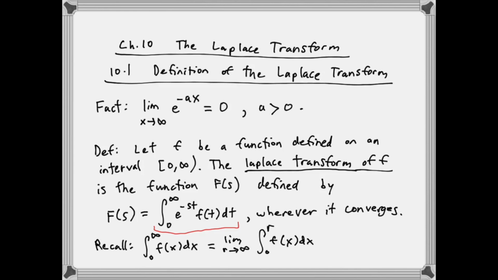That's why this is a function of s. It's important that the function f appears in here; that's why we call it the Laplace transform of the function f. What changes is not the other part of the integral, but just the function f, different for every function.